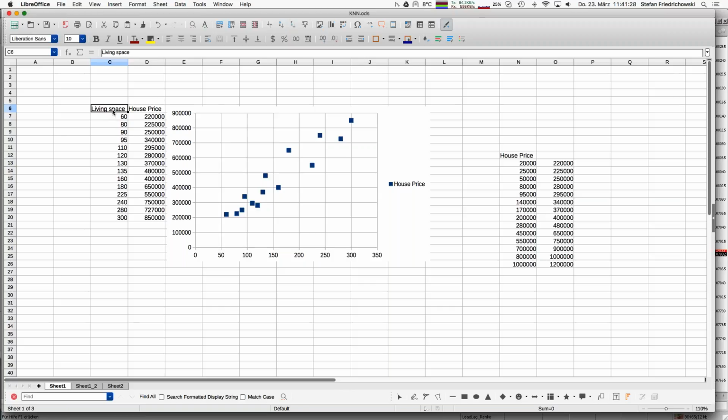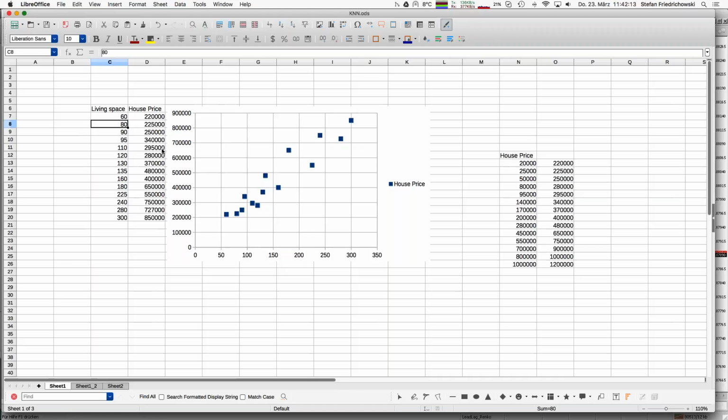So what if you have two variables or two numbers? You have something like a living space of a specific house, and that house has a price tag, or one might take those data from, if you are a real estate company, your previous selling operations, whatever you have done, and maybe you have those 20 or 15 values, and you know, okay, there was a house with a living space of 80 square meters, and I realized the price of, I don't know, 225,000, and so on and so forth.